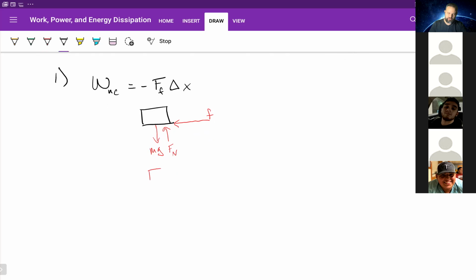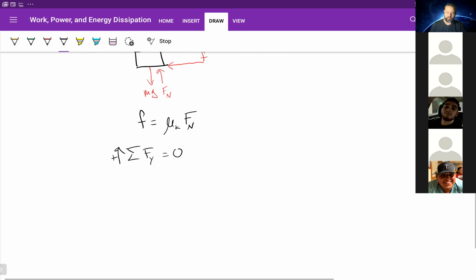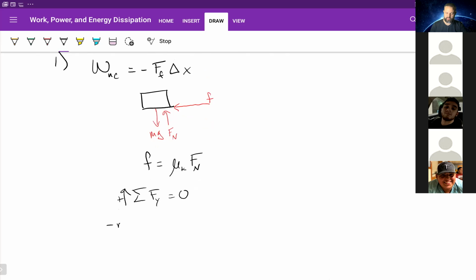Friction is equal to mu sub k times F sub n, the normal force. So we need the normal force. To find it, I need to do the sum of the forces in the y direction. Up is positive. So we've got mg going down, so it's minus mg plus F sub n equal to 0.